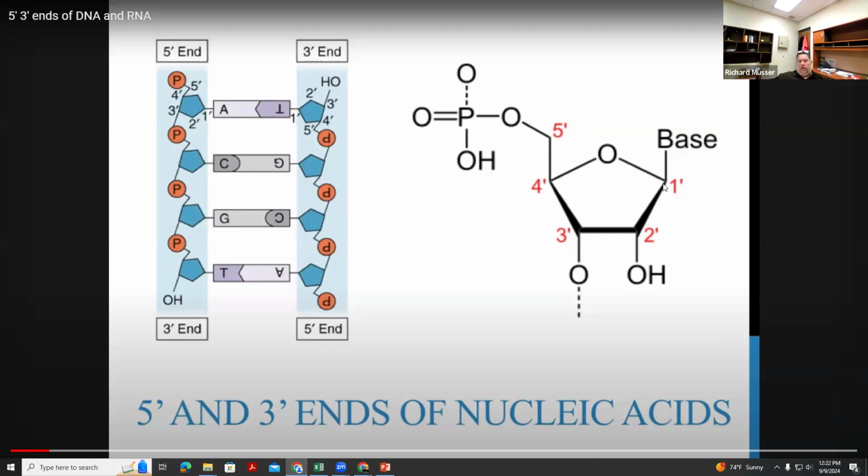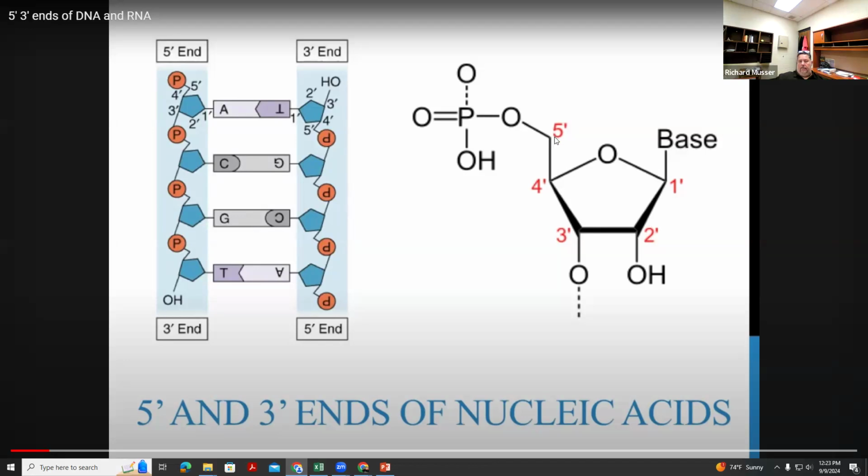But remember when we talk about the ribose sugars, this one has carbons. So remember these are carbons, and we number them. This is carbon 1, so this is the 1', the 2', the 3', the 4', the 5'.